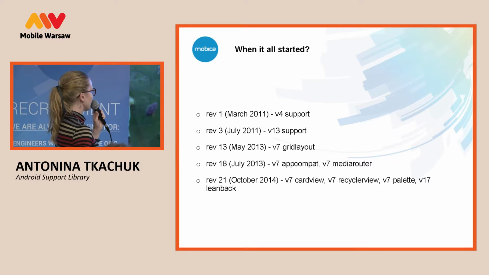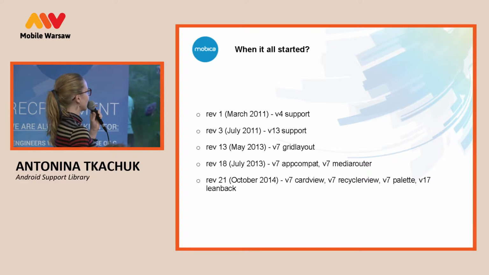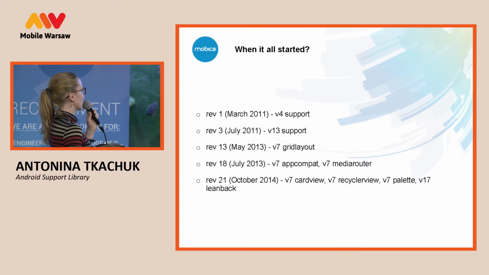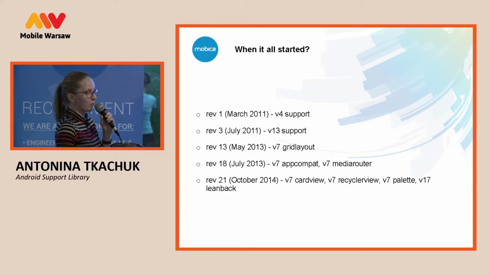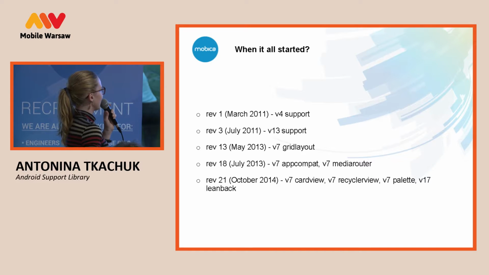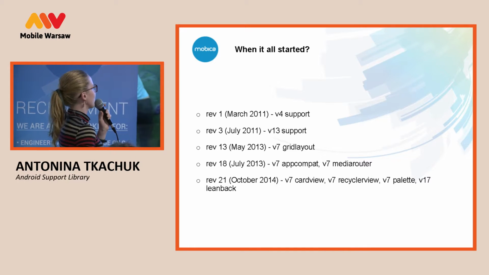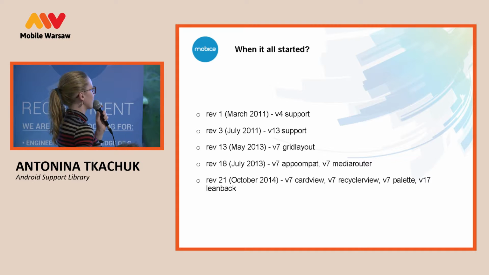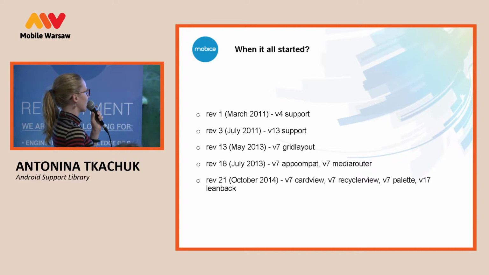Okay, so it actually all started in March 2011, so quite a long time ago. It started with the version 4 support library. It contained only fragments because it was the time when Honeycomb was released, and we had Gingerbread and Froyo as the main versions.